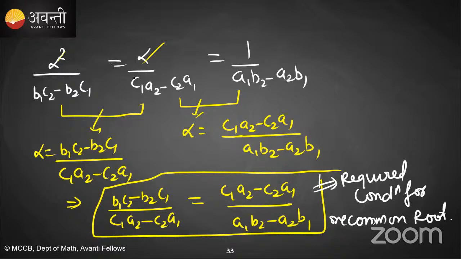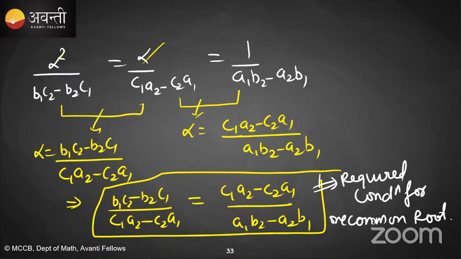So cancel out one alpha. So it becomes alpha upon B1 C2 minus B2 C1 equal to 1 upon, after cancelling alpha. So from here I am getting alpha is equal to B1 C2 minus B2 C1 upon C1 A2 minus C2 A1, right?